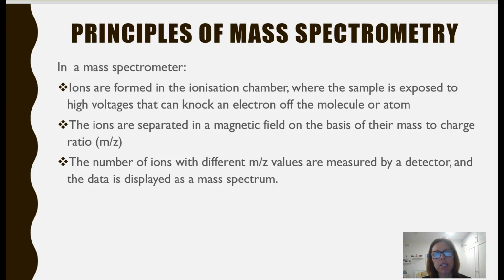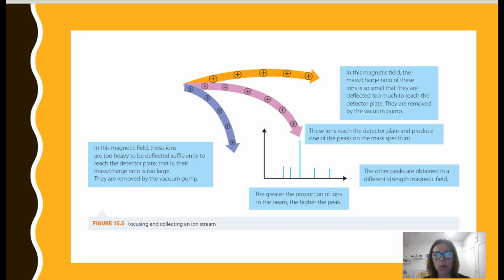The detector detects how many ions have each different m/z, and this is shown in a mass spectrum, where the intensity of each fragment is measured. Looking at what's happening in the electromagnet here: these ions are too heavy to be properly deflected, so they are removed by the vacuum pump.